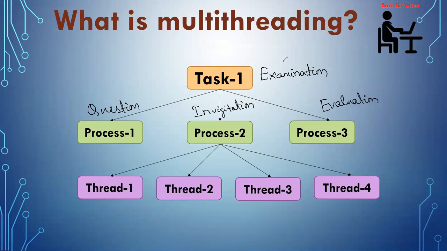The entire task of examination is divided into three sub processes. For invigilation, I can do it for each branch on an individual day by a single faculty or staff. For example, suppose computer science has 300 students, and we have five sections.